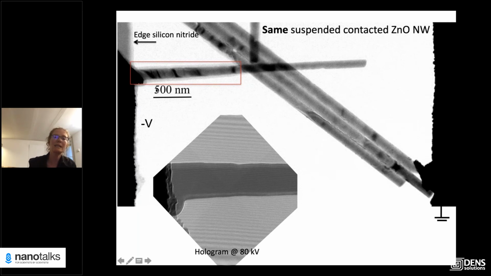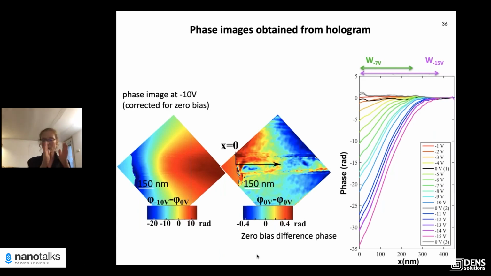So here you see the TEM image of the same nanowire, and here you see a hologram, and we worked at 80 kilovolt to avoid electrical modification of the sample. So we took series of holograms. They were then each corrected for drift.